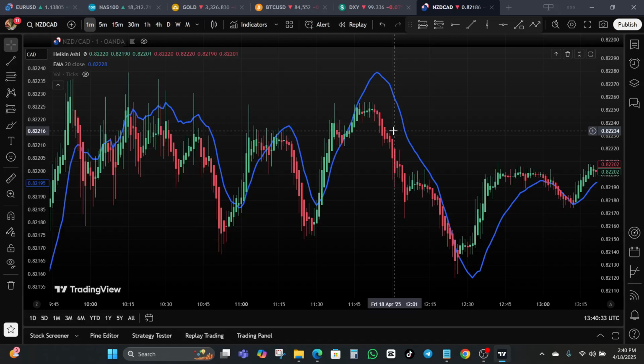This is a high win rate scalping strategy because it waits for structure, filters noise with Heikin Ashi, and confirms with indicators. It is fast but controlled, and it's perfect for focused scalpers.